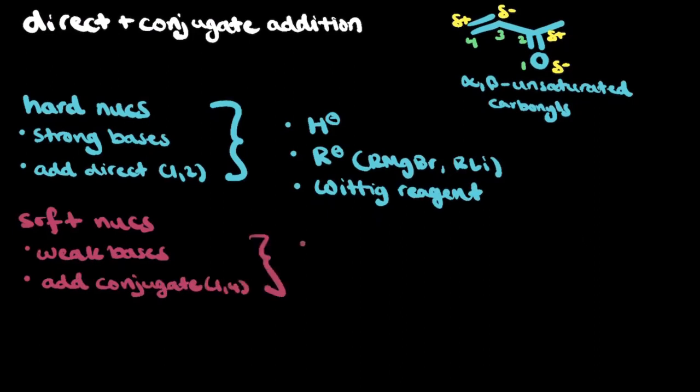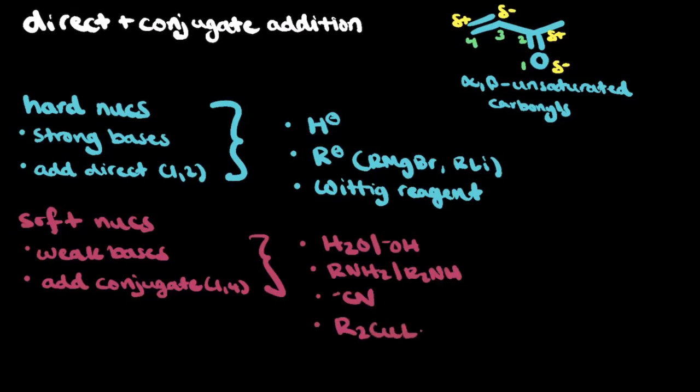Okay, so some examples of these are going to be things like water or hydroxide, your amines, okay, your nitriles, and something new, your Gilman reagents. Cool. So again, just like a non-comprehensive list, but these are things that you guys should be keeping in mind.